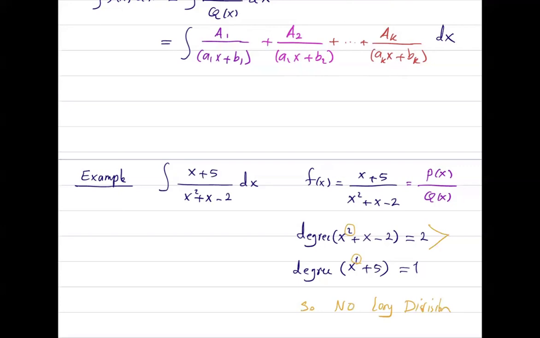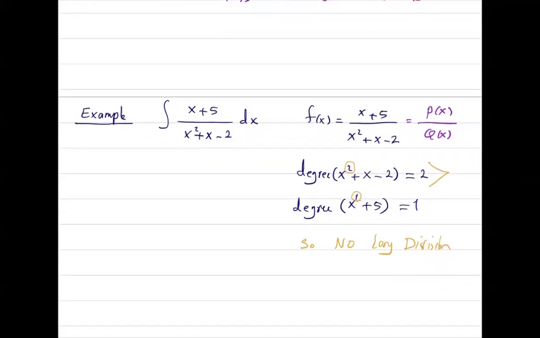Can I write x squared plus x minus 2 as the product of distinct linear factors? Let's try. x squared plus x minus 2 can be written as x minus 1 times x plus 2. These are distinct linear factors. It means that I'm following the very first case.